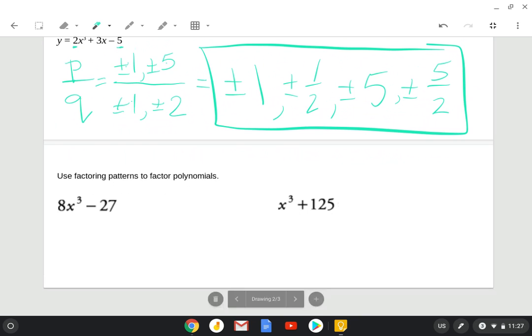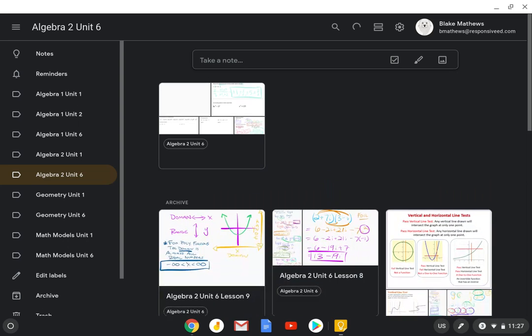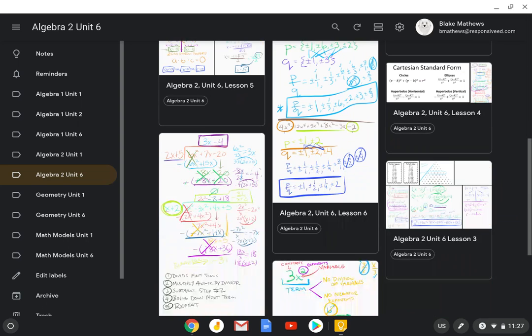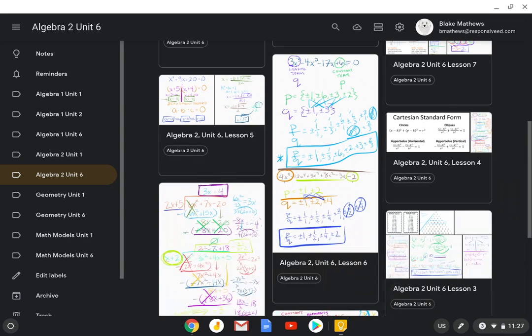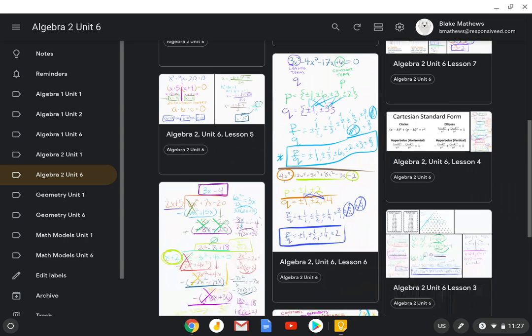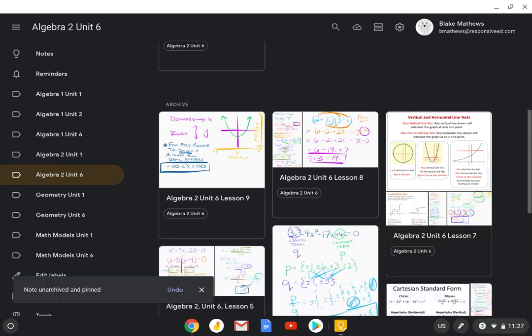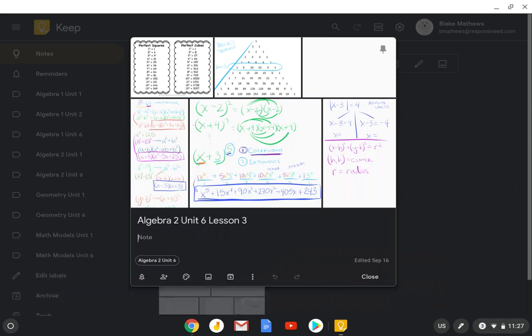Factoring patterns. All right, I'm going to jump out of here and go to our lesson notes and find our little guide for this. So let's copy, if I can find it. Now, I thought I had our examples.